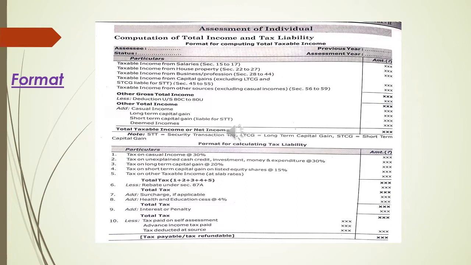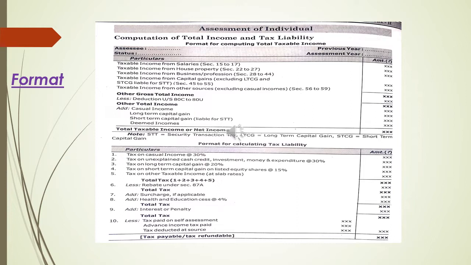There is one more, deemed incomes. Like unexplained expenditures or cash credit or investments or money where you are not able to explain the source, such items are also taxable at a flat rate of 30%.